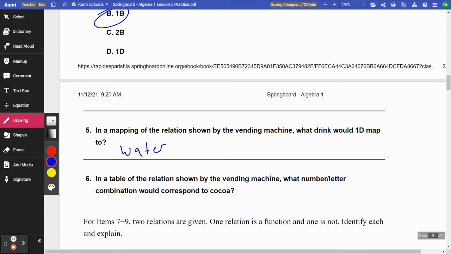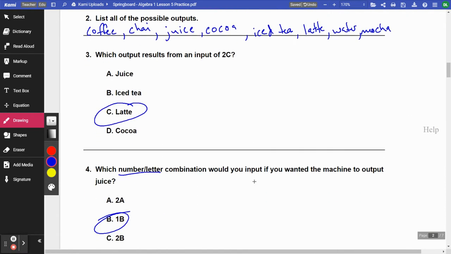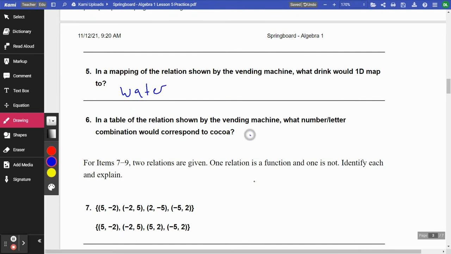And in a table of a relation shown by the vending machine, what number letter combination would correspond with cocoa? Cocoa is here at 2B.